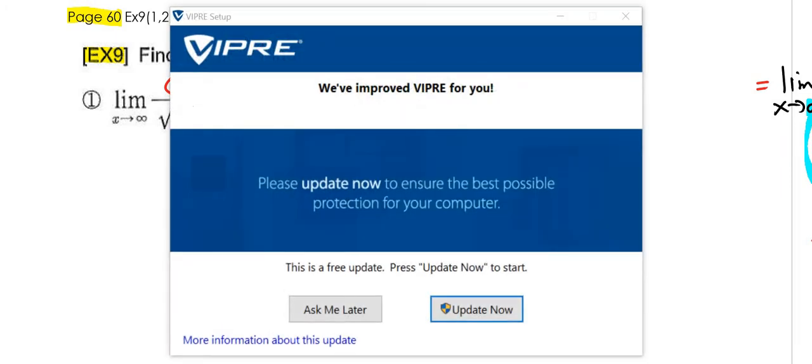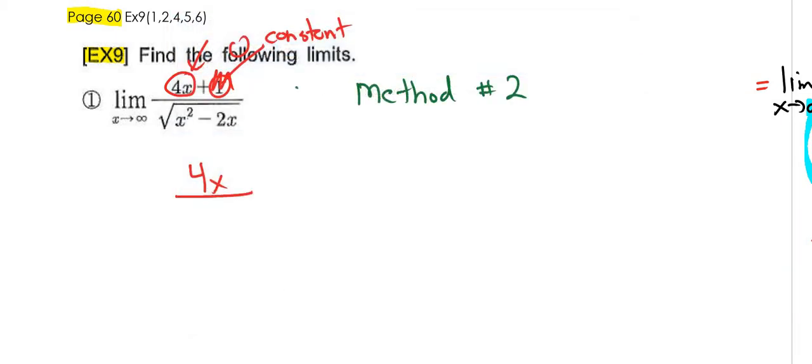And if I look at the denominator here, which has a higher power of x? Is it x squared or 2x? Well, it's x squared. Since I'm comparing things inside the square root, this x squared definitely has a higher power than the 2x, so you can just set the 2x equal to 0. So now you can simplify your problem into the limit as x goes to infinity of 4x divided by the square root of x squared.